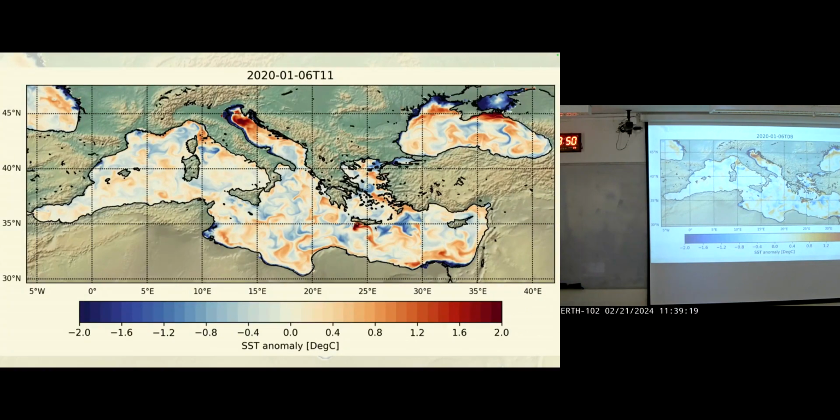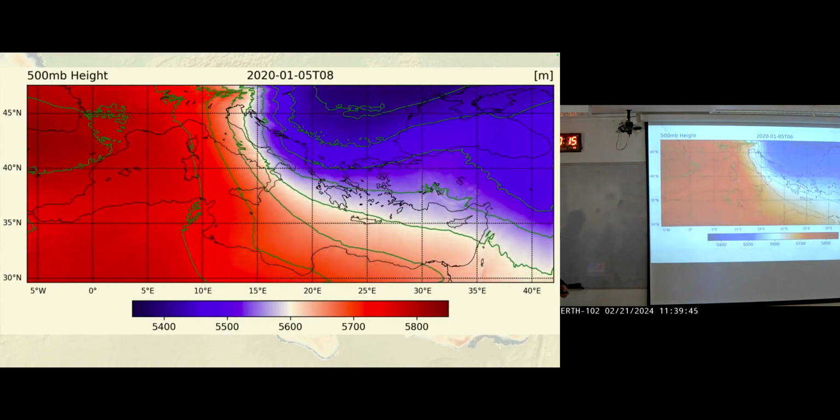So just to illustrate how the sea surface temperature will normally look like, it's a very slow evolution, we do not expect much in 9 days, but we do see a positive SST anomaly, kind of an eddy next to Israel and in North Egypt and also in other regions.